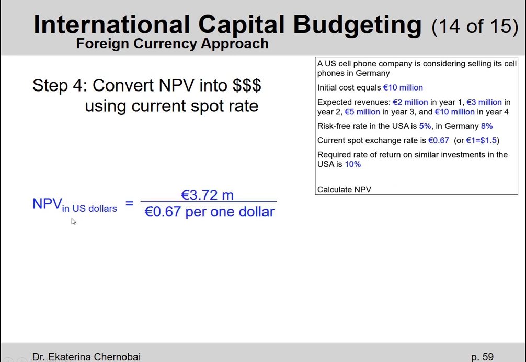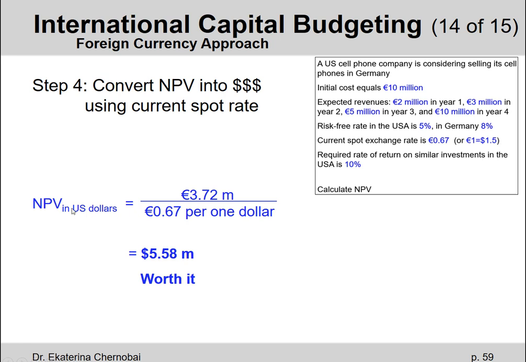So the NPV in US dollars equals the NPV in euros, 3.72 million euros, divided by 0.67 euro per $1, which gives $5.58 million. Again, the conclusion is the project should be accepted.